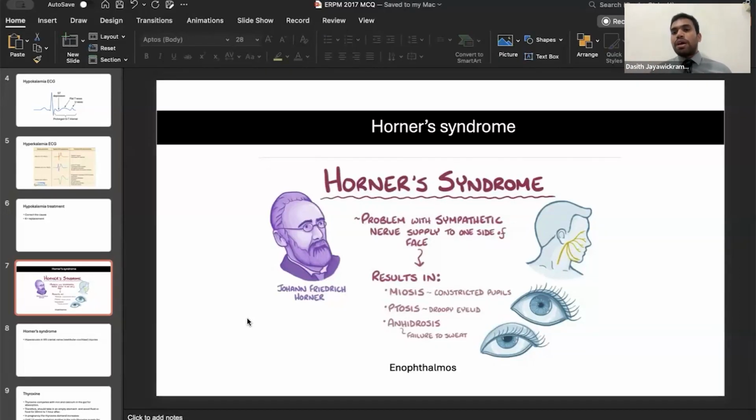This segment supplies the sympathetic supply to the face. It goes via the superior, middle, and inferior cervical ganglia, and from those they send the sympathetic nerves via the carotid artery, and then it joins the cranial nerves and goes up to the end organs.